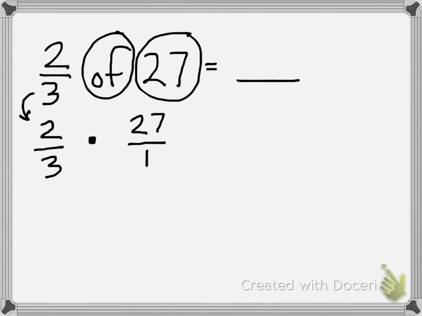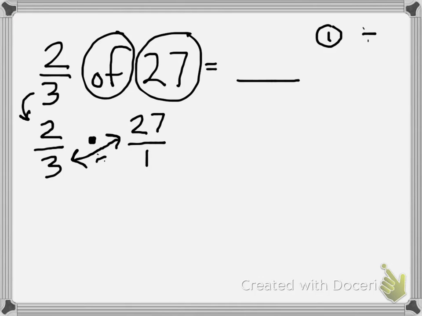What we need to do, the first step in figuring this problem out, is divide. Now, what do we divide? We divide the denominator of the 3 and the numerator of the 27.